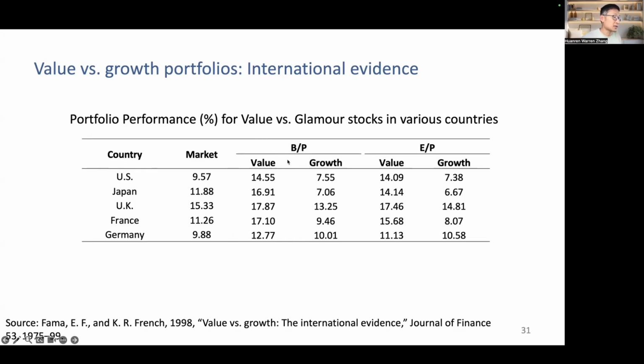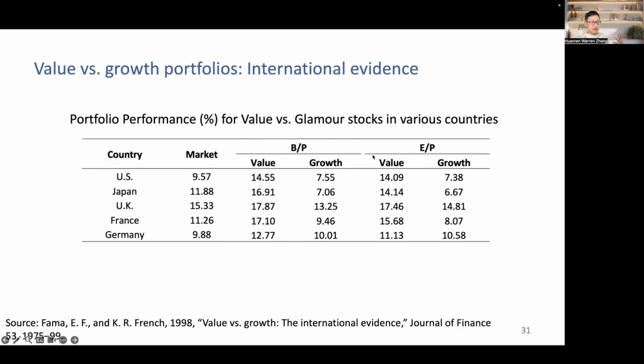For value stocks is shown here. The growth stock is shown here. And we see across all the 5 countries, the corresponding returns are significantly higher, whether measured by earning price ratio or book price ratio.